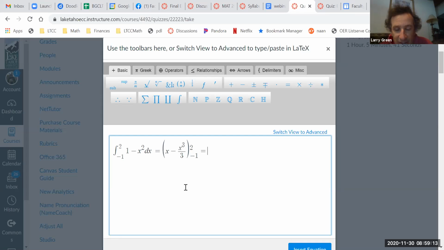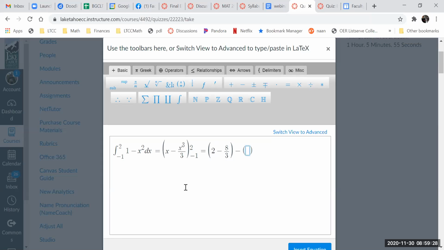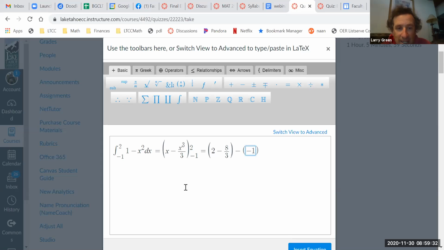When we plug in 2, you get 2 minus 8 over 3. So 2 cubed is 8. Hopefully you know that. And then minus, now we plug in -1. We get -1 minus -1 over 3, which is plus 1 over 3.